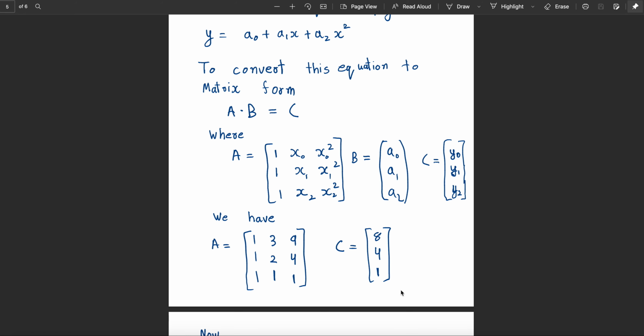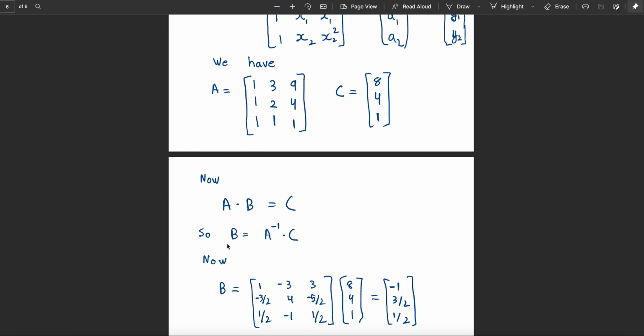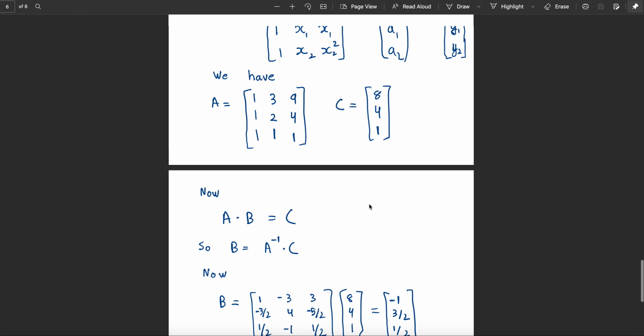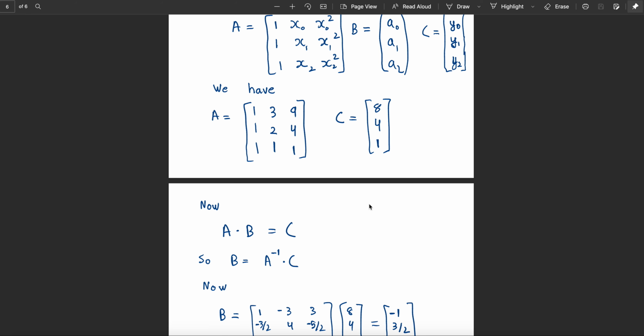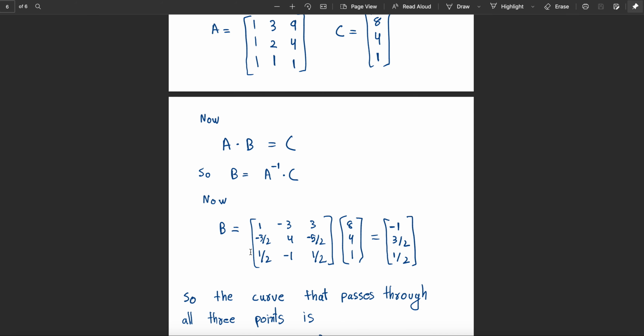So we need to find the vector b, that is a0, a1, and a2. We get that by multiplying the vector c by the inverse of the matrix A. So when we do that, we get the answer to be -1, 3 by 2, and 1 by 2.